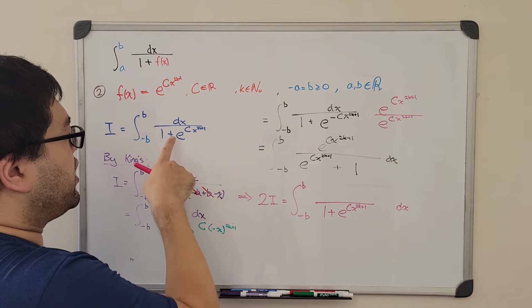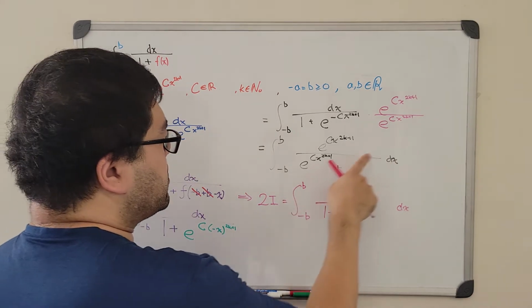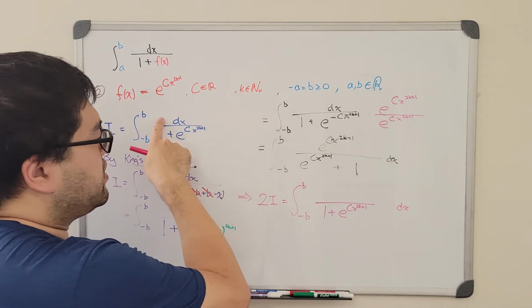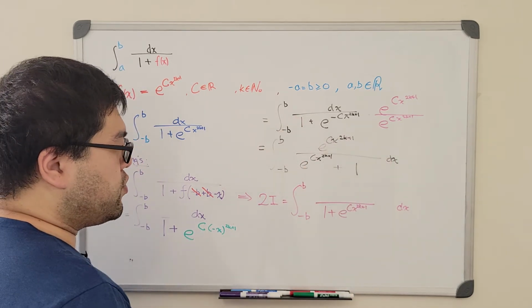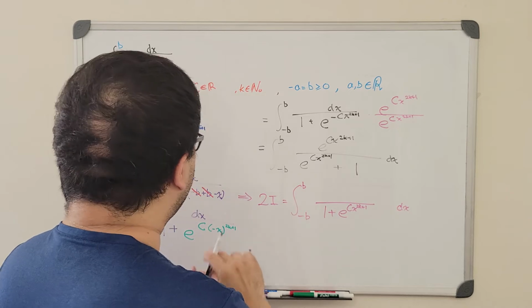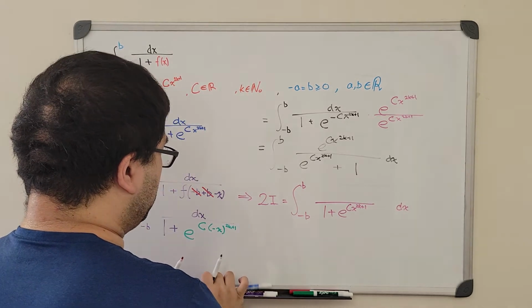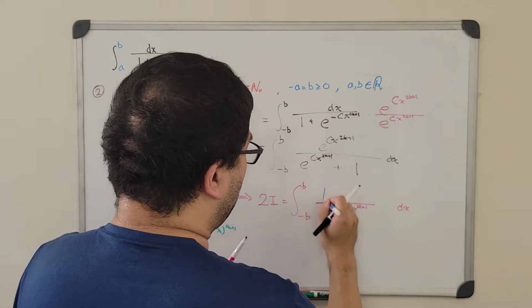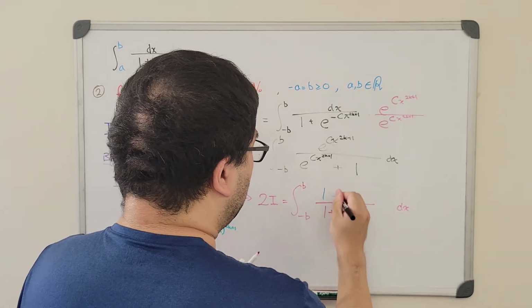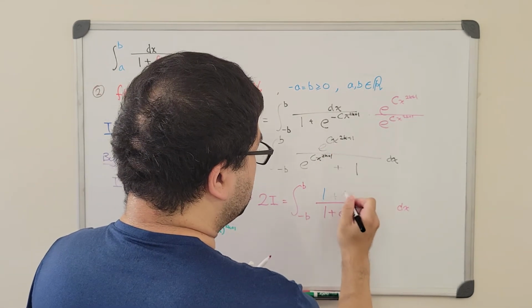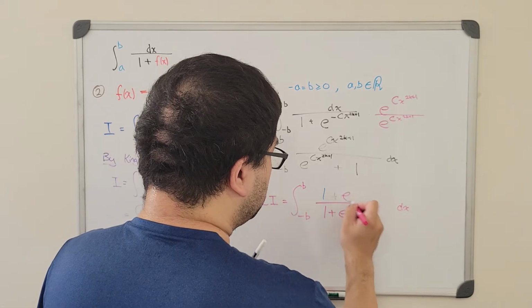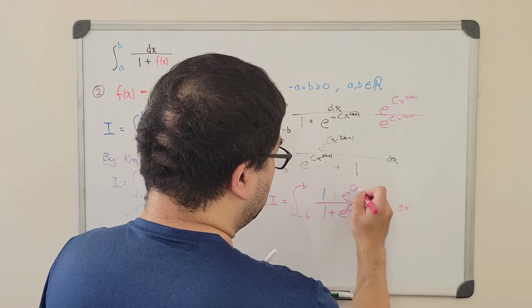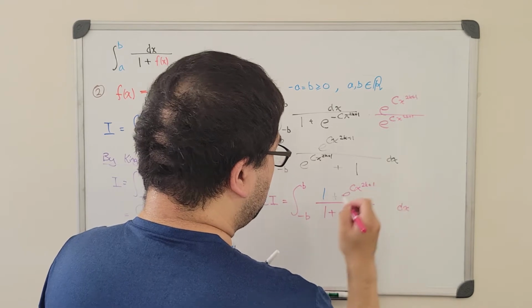It just means we have 1 times dx. So we're adding the 1 dx to this part up here in the numerator. We get 1 plus the expression, e raised to this.